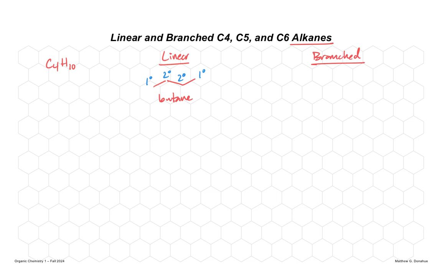For the branched C4 isomer, the longest chain has to be 3 carbons. So we would say this is going to be a propane derivative. That's the longest chain. Then we have 1 carbon to deal with. And so we need to put that 1 carbon somewhere on there. And when you're doing these branched exercises, you never put it at the end, because then you're just going to make the linear compound.